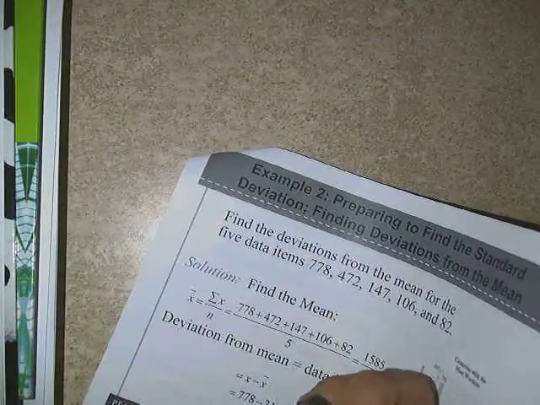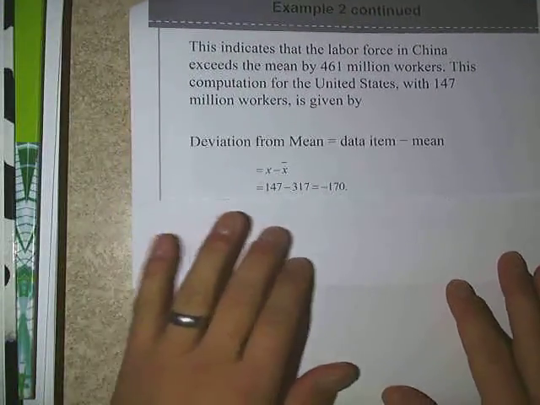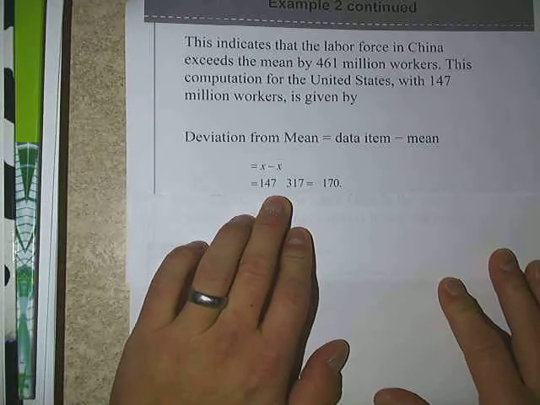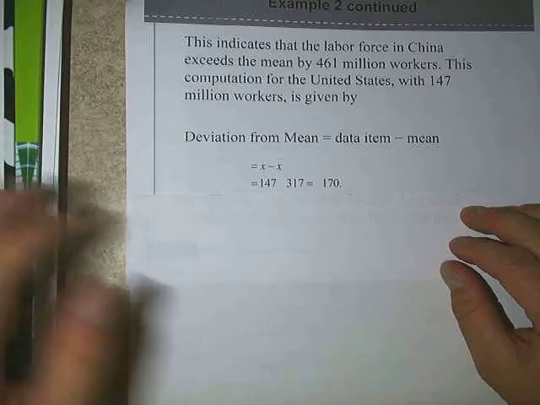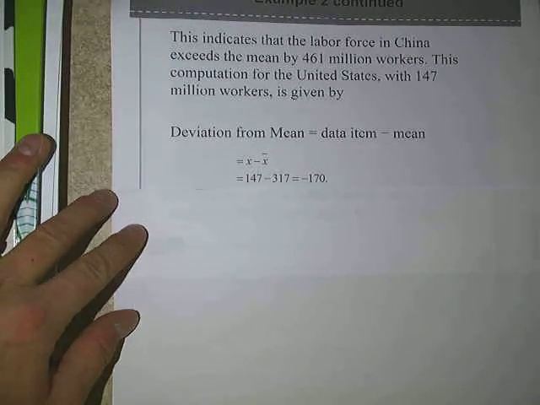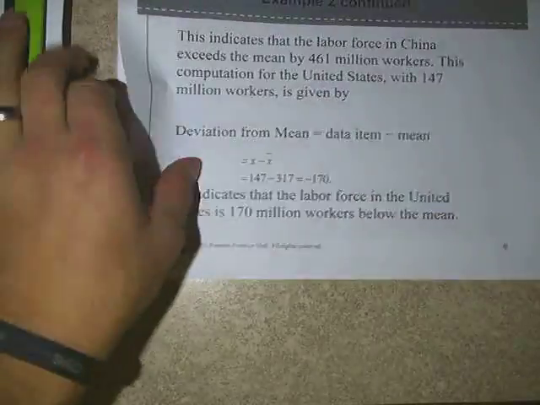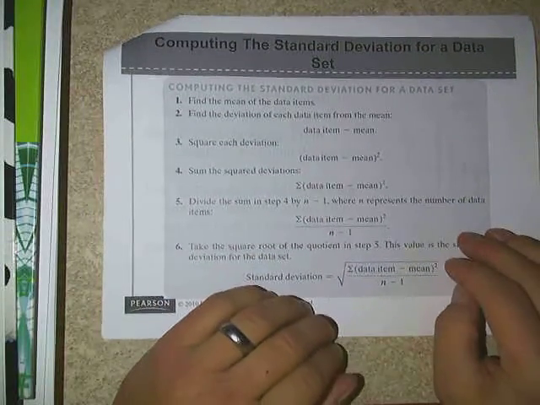We could go on further to calculate the other deviations with the 472, etc. Okay. Keeping in mind that if we did the 147 for the US, we'd be negative 170. And a negative here, of course, just indicates that it's on the other side of the mean, that it's less than the mean.